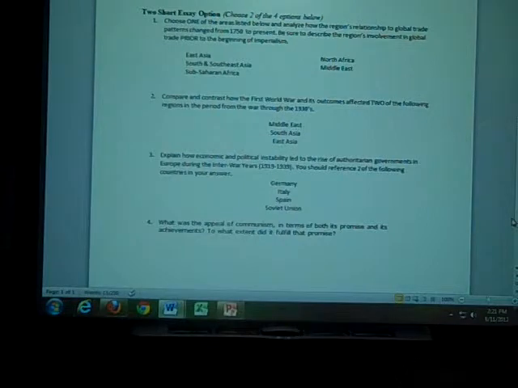All right. The second essay that you have as an option. Compare and contrast how the First World War and its outcomes affected 2 of the following regions in the period of the war through the 1930s. And here you've got the Middle East, South Asia, and East Asia. So taking a look at World War I, let's say I picked South Asia and the Middle East.